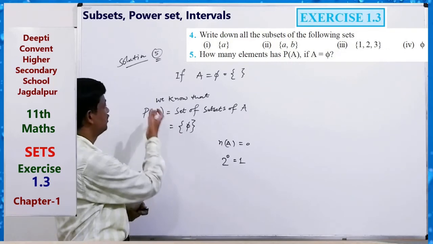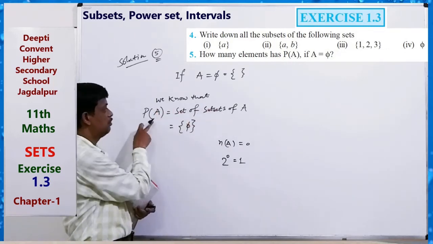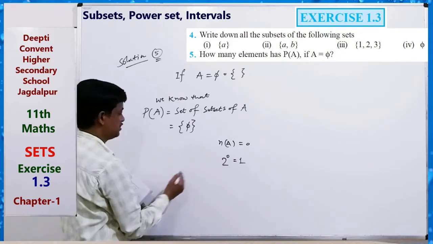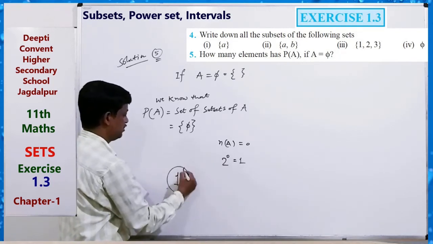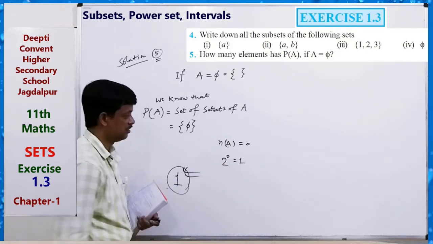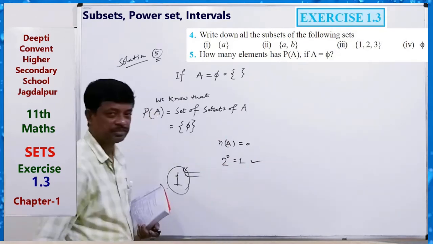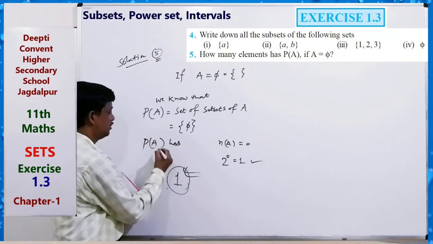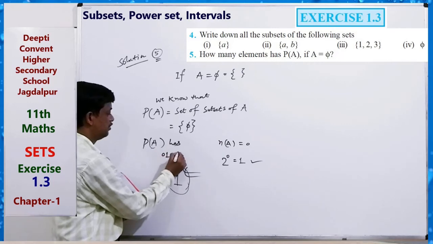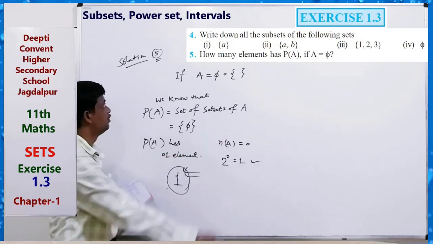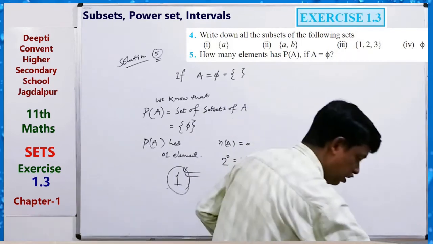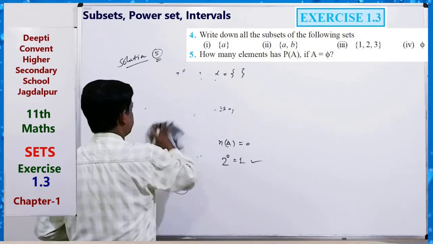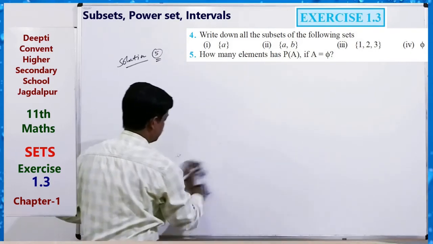So in P(A), how many subsets? 1 subset. So the answer is 1. P(A) has 1 element. Clear? So you have to give logic. Clear? So this is the solution of 5.